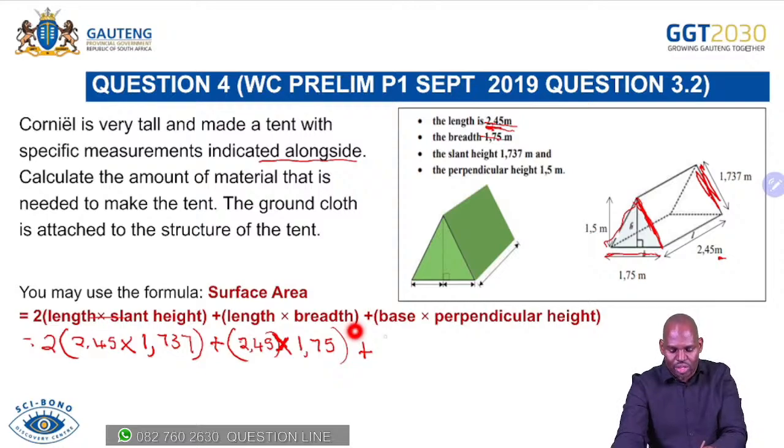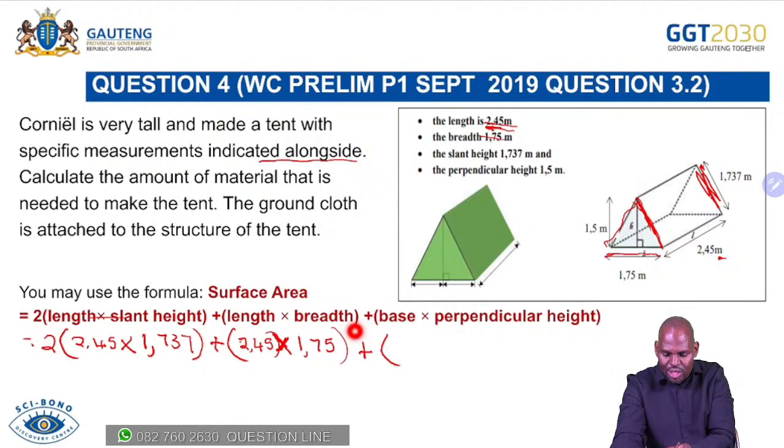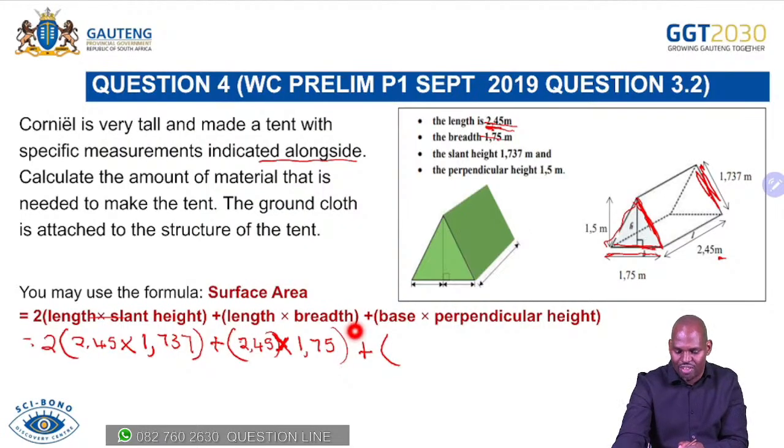Okay, the next one is open bracket. What is our base? There is B, the base. It's 1,75. So you can see that for this one, what do we mean by the base? If you look at the base and the breadth, they have got the same value.